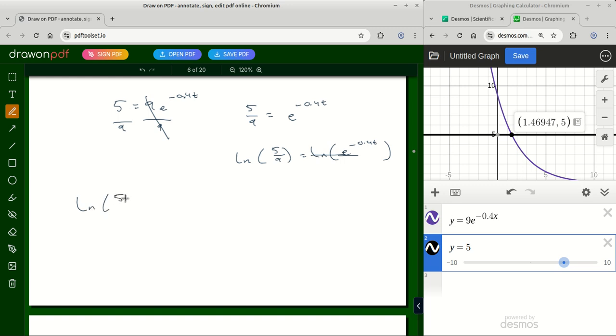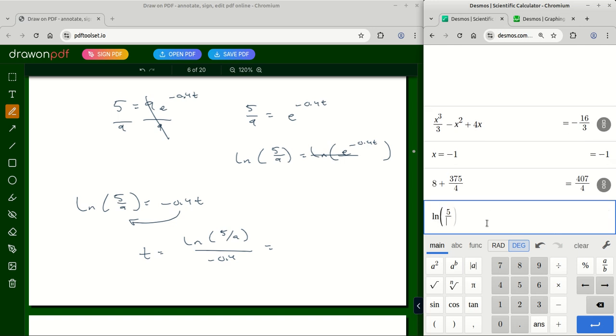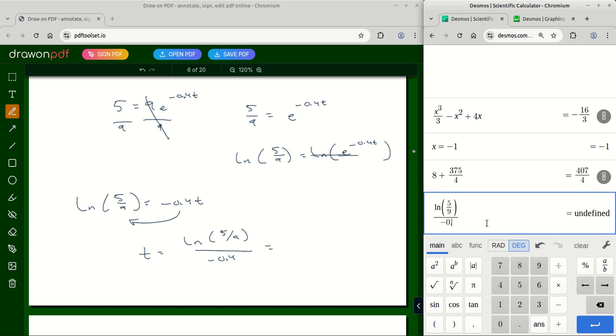So ln 5 over 9 is equal to just a negative 0.4t. Divide to the other side. And there we go. Yep. So just like I had gotten from Desmos graphing.